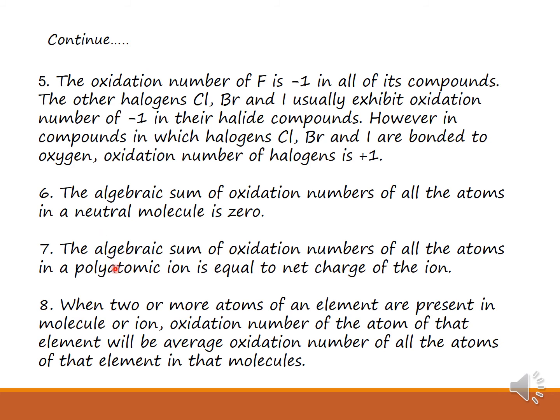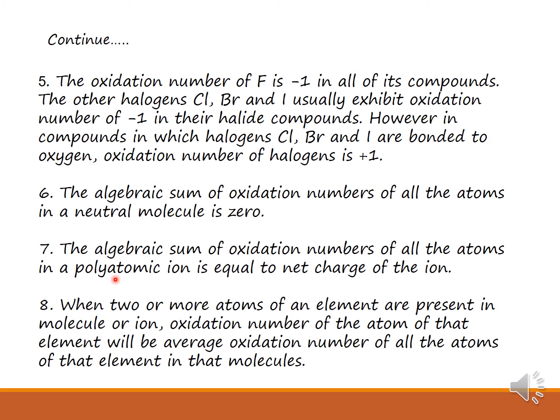And if you are talking about a polyatomic ion, then the algebraic sum of oxidation numbers of all the atoms in the polyatomic ion is equal to the net charge of the ion. For example, let's take ClO3 minus 1. It is a chlorate ion which is having charge -1. So the summation of oxidation number of 1 Cl atom and 3 oxygen atoms should come equal to its charge, and that is -1.